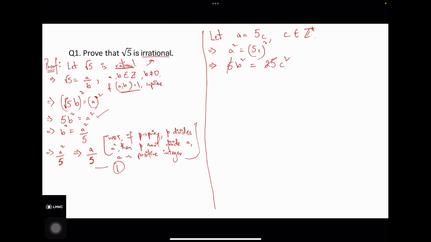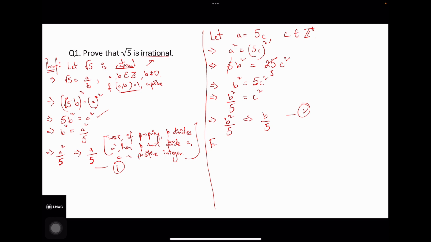So 5 times 1, 5 times 5, here we are left with b square equals 5c square. Now if you take this 5 to the left hand side, it will go down into the denominator. So this is what we need, and we have got it. That is, if 5 divides b square, then 5 must divide b as well. So that is our second equation.